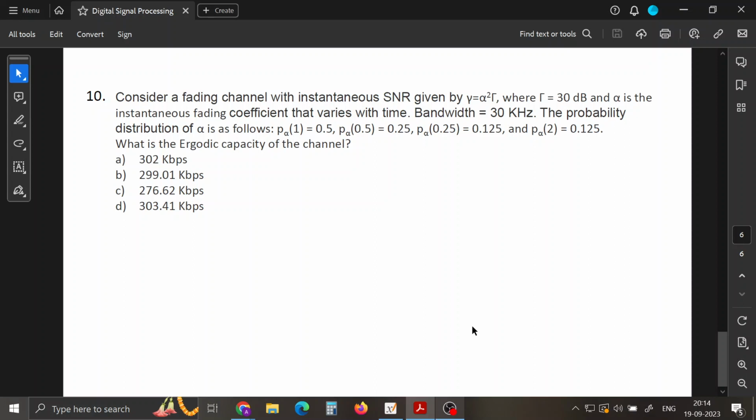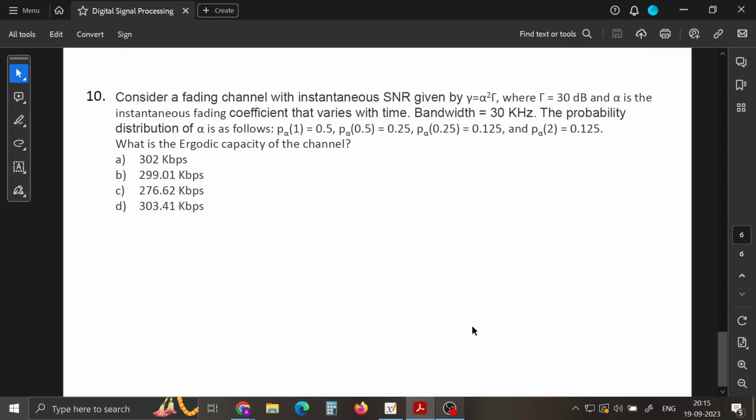So we are given a fading channel with instantaneous SNR, which is small gamma, right? Small gamma is alpha squared times capital gamma. Capital gamma is your average SNR, which is 30 dB, as given here. Alpha is the instantaneous fading coefficient, which is time varying.